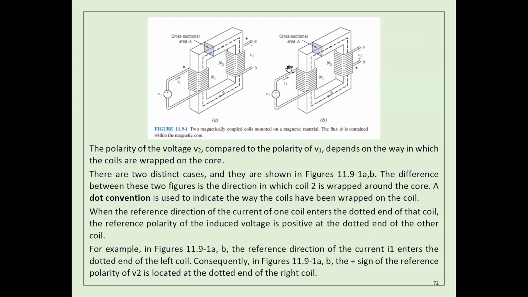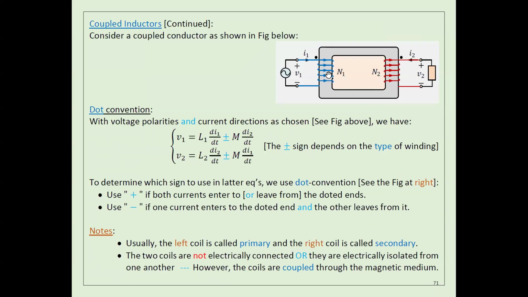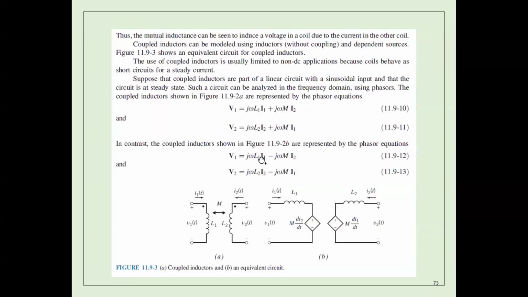When I put a dot here, that means this is positive. So that's why in the circuit we put a dot here. This dot tells you the positive side. Here, the current will enter from here, so this is the positive side here and positive side here.